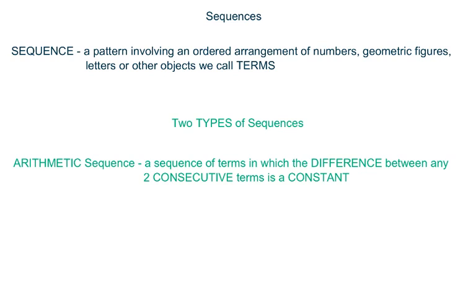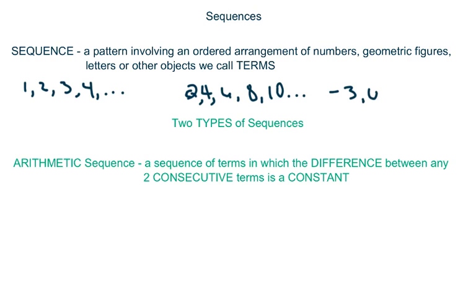All right, so just very basically, you guys know what sequences are. 1, 2, 3, 4, and so on is a sequence. 2, 4, 6, 8, 10, and so on is a sequence. -3, 0, 3, 6, and so on is a sequence.